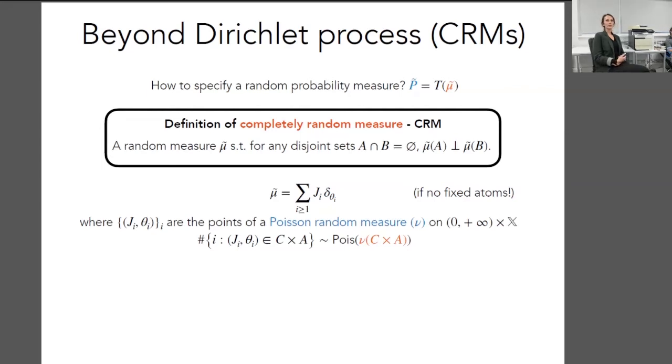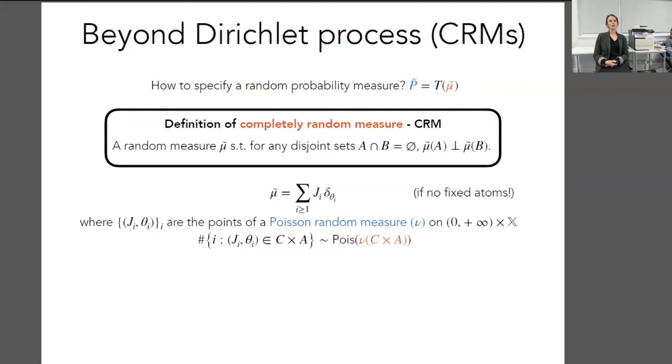So just a few words on completely random measures, since they will have an important role in the rest of the talk. One can prove that completely random measures are almost surely discrete. So basically you just have a set of jumps and a set of atoms.